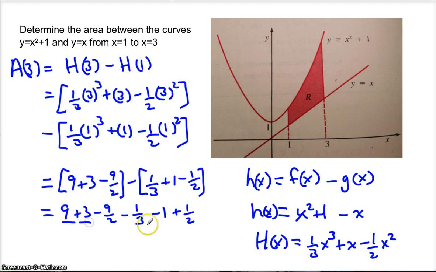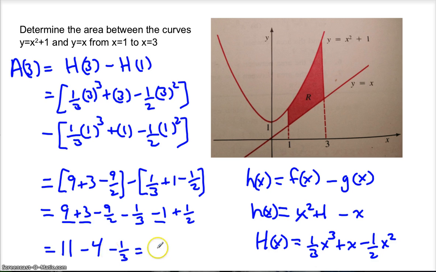So let's add all these numbers up here. 9 plus 3 is 12, minus 1 is 11. Then we have negative 9/2 plus 1/2 is negative 8/2. And negative 8/2 simplifies to negative 4, so that's 11 minus 4, minus a third.